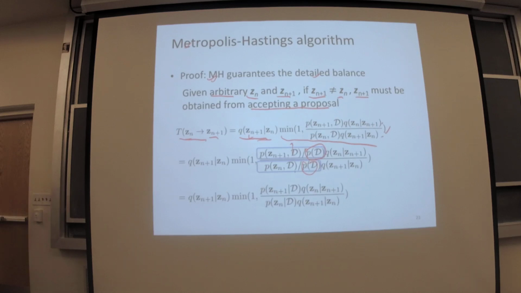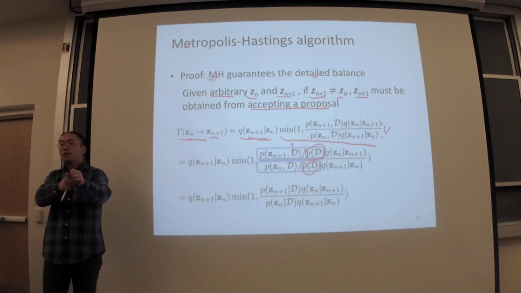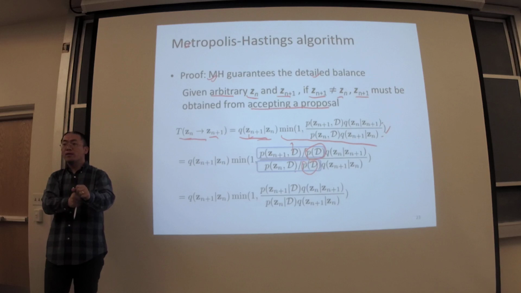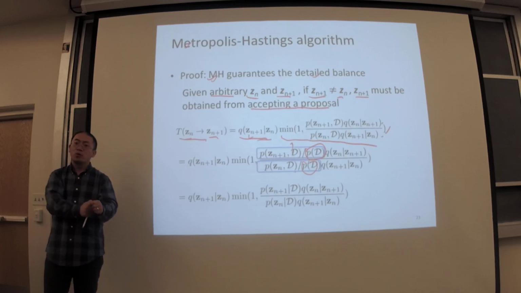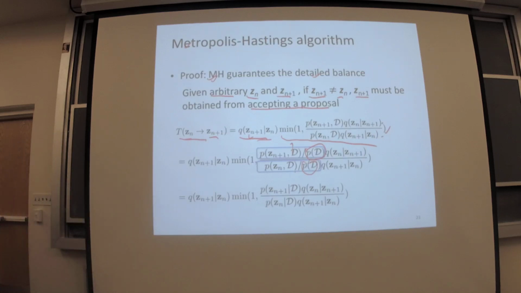Remember, when we say detailed balance, we want to prove that your posterior distribution and your transition kernel satisfy detailed balance. Then that means the posterior distribution is invariant to your transition kernel, and the Markov chain will converge to the posterior distribution, right? From a computation perspective, you divide both numerator and denominator by this constant. It doesn't matter, right? It's exactly the same as if you do not divide.